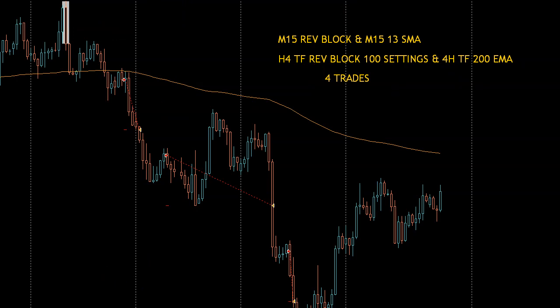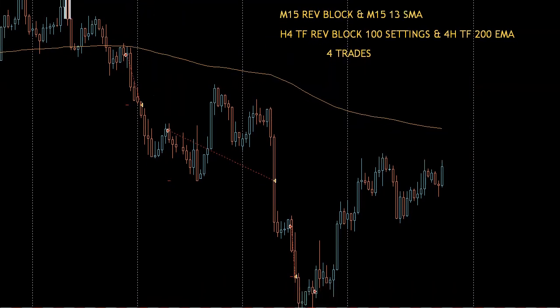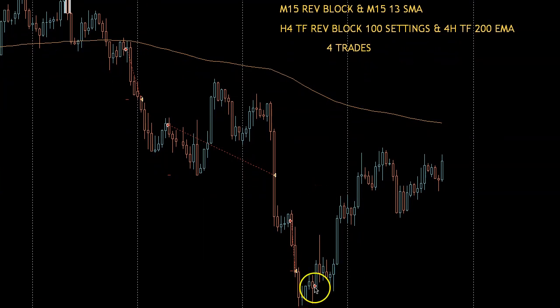I was really happy with those entries, but we were still able to avoid, out of all of this, remember before we had like 6 entries, and we were able to reduce it to 3, and pretty much 3 was the most that we were able to reduce it. Now we only got 1. Why? Because we still don't have a higher time frame reversal block, which would be formed right over here after this candle.